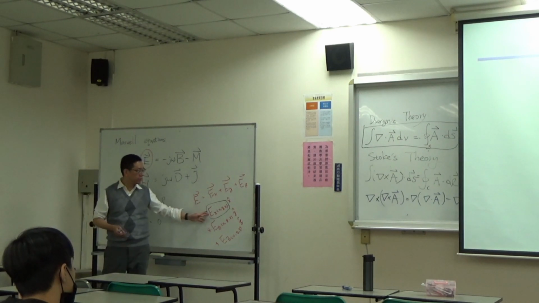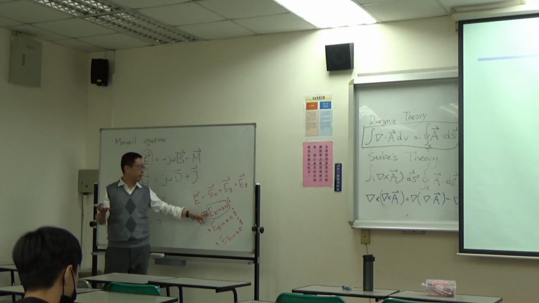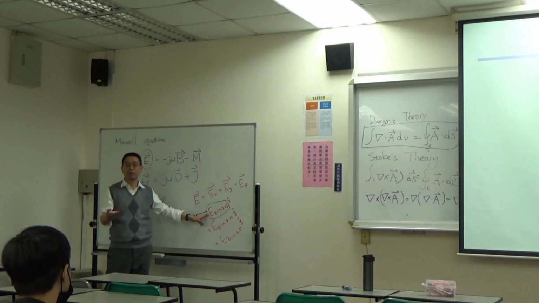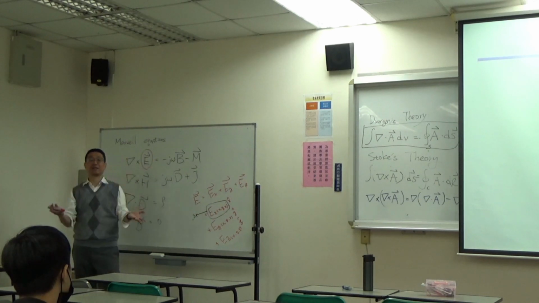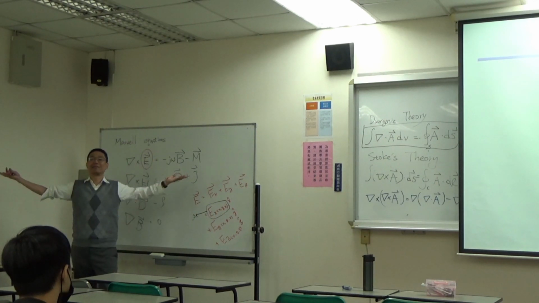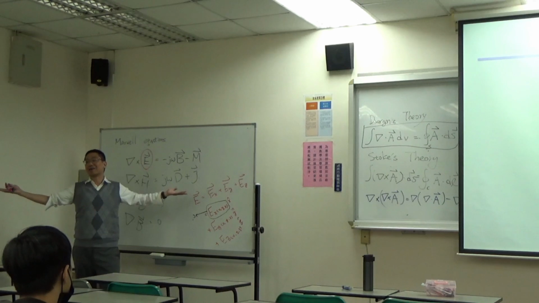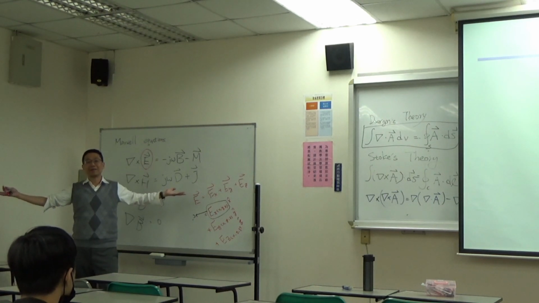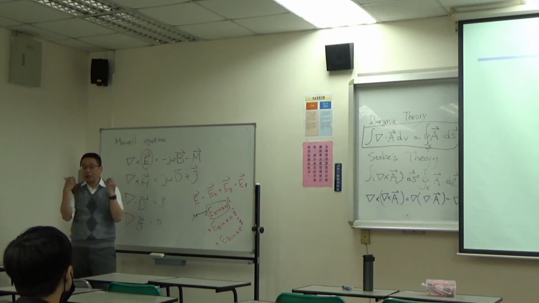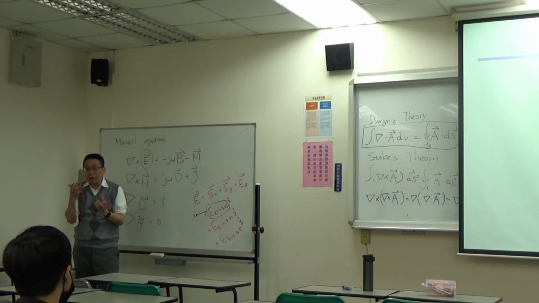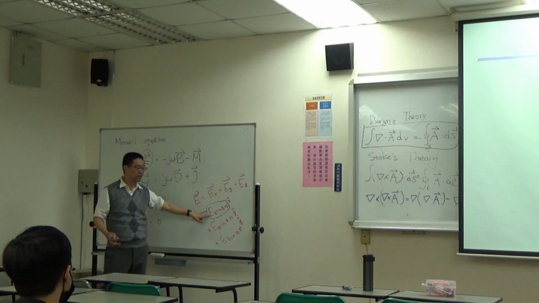When you see this is a function of x, y, z, and the direction is x, actually you know nothing, because this is unknown, right? Can we try to understand, can we simplify this E to make it more general?